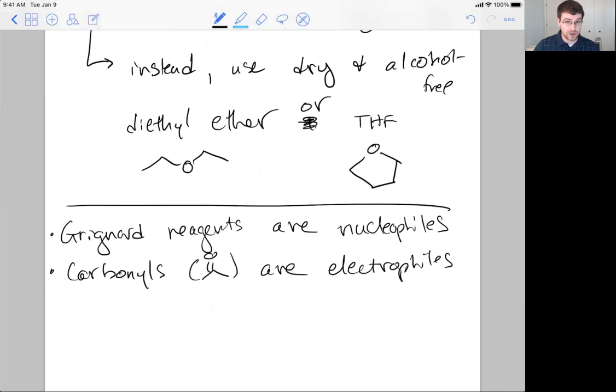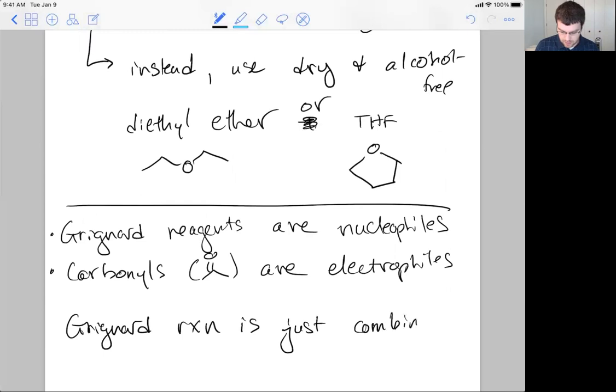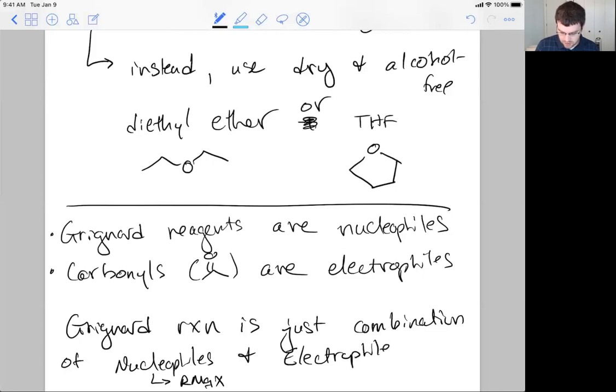That's exactly what the Grignard reaction is. So the Grignard reaction is just the combination of nucleophiles, which is RMgX, our Grignard reagent, and electrophiles, which are the carbonyls.